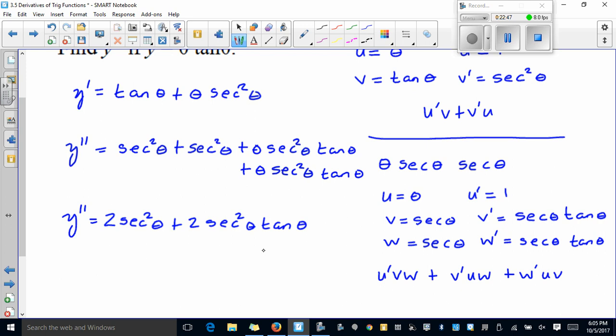And again, factoring it out isn't going to make a whole big difference. Common factor is 2 secant squared. You know, probably the best part about that would be if you were going to find the third derivative, move the secants away from the tangent. But there you guys have it on this one here.